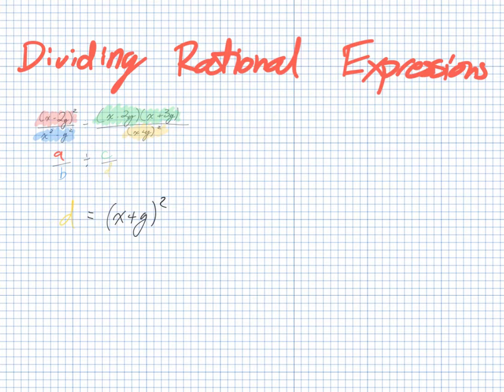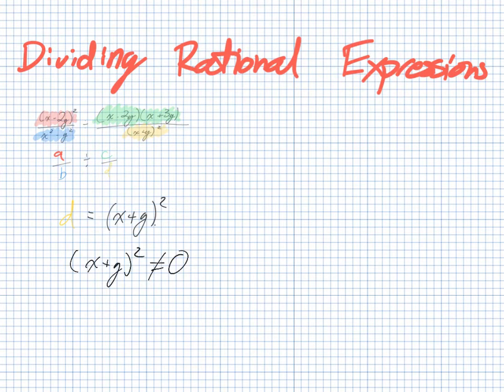As long as x and y aren't 0, then we're going to be okay. What's neat about this is this one has two different variables. So we're going to take this expression and say x plus y squared cannot equal 0. That's going to be one of our restrictions. So that's the letter D there.